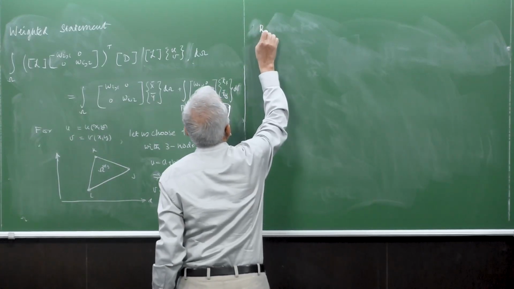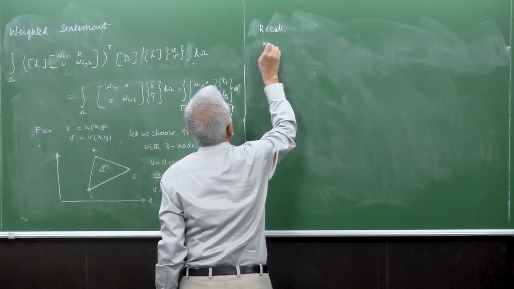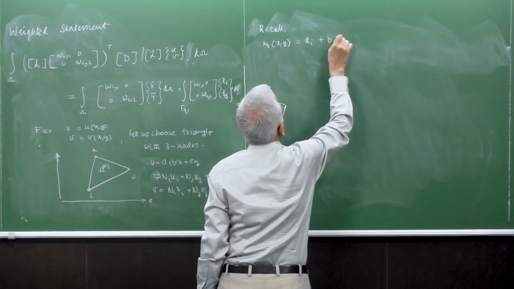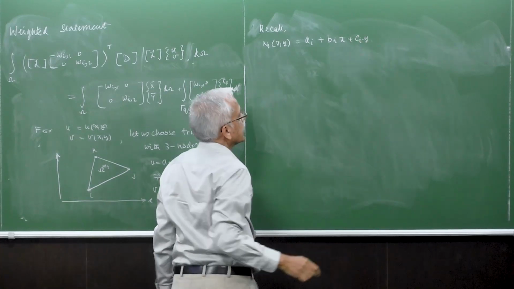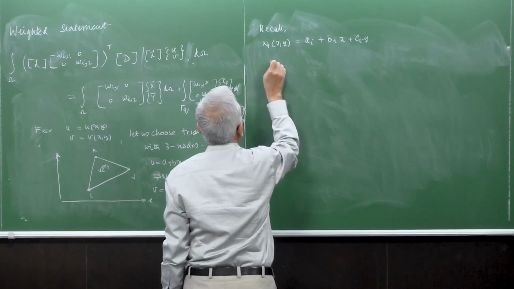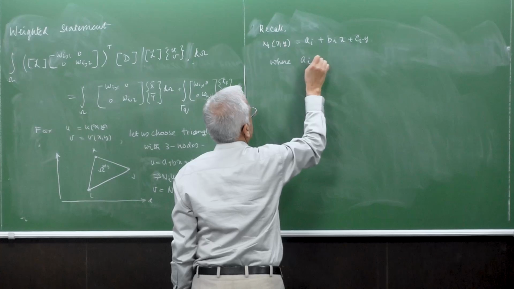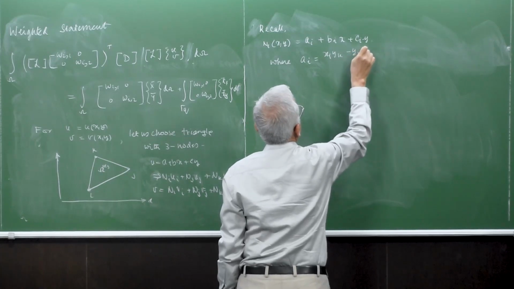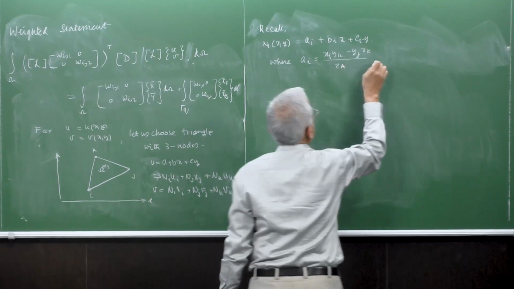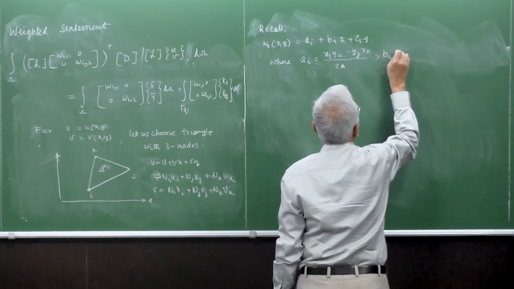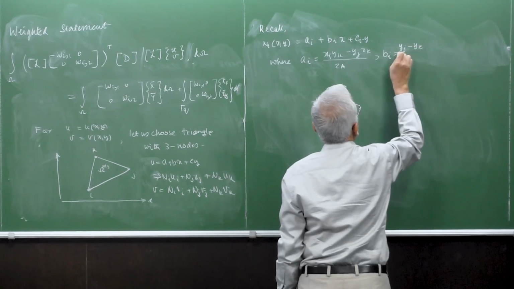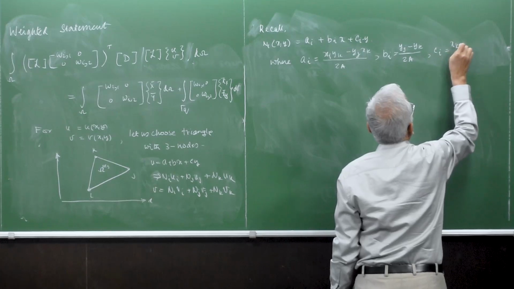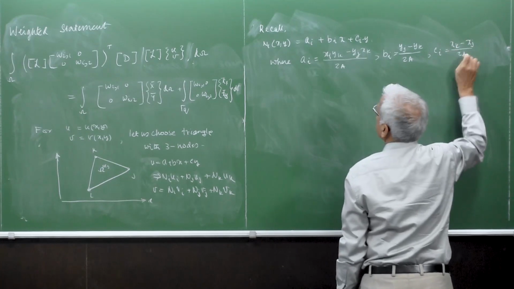So recall Ni is nothing but ai plus bi x plus ci y, where ai, you recall, is xj yk minus yj xk divided by twice the area, and bi is yj minus yk over twice the area, right?